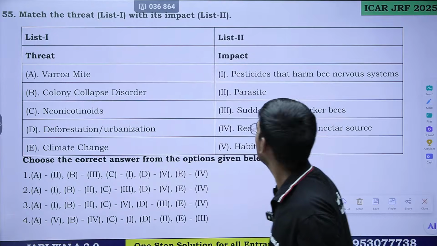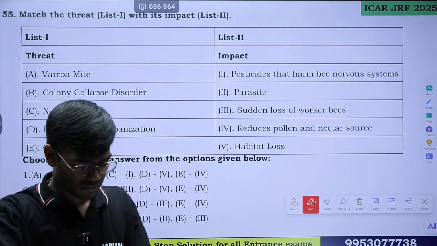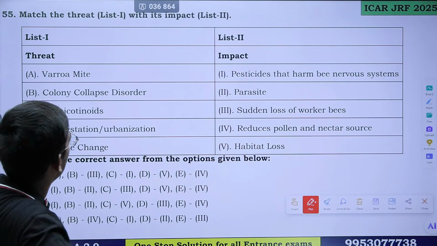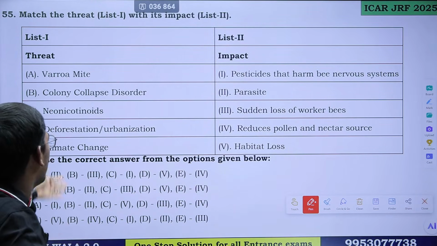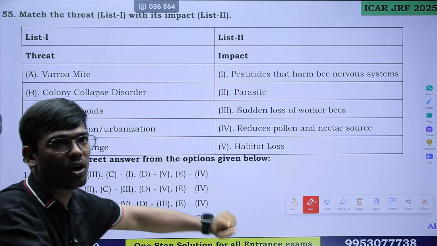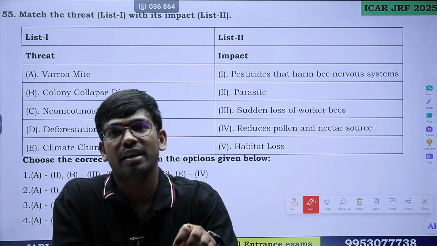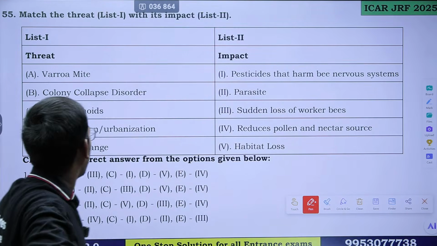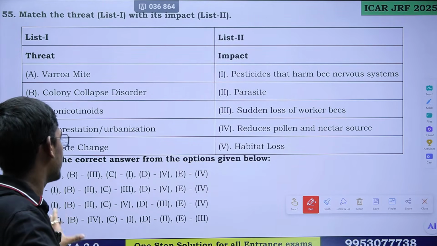The next question was given in the ICAR JRF 2025. On one side they gave the threats, and on the other side the impacts. The threats are varroa mite, which is an ectoparasite, and Acarapis woodi, which causes Isle of Wight disease and is an endoparasite, then colony collapse disorder, neonicotinoids, deforestation or urbanization, and climate change.